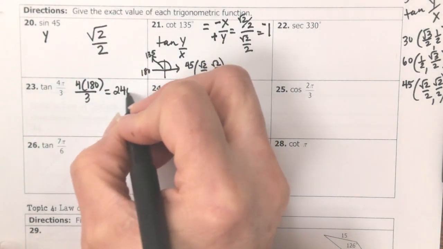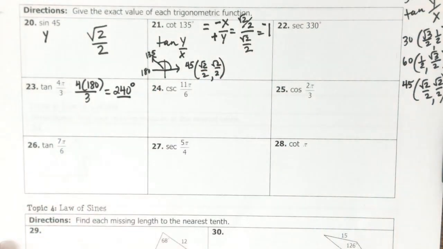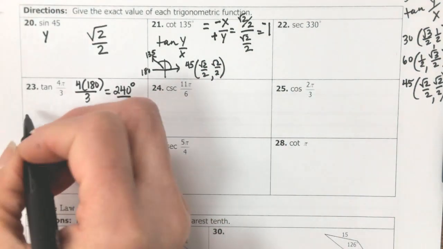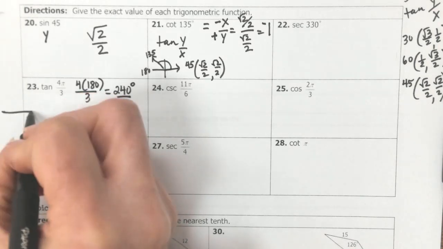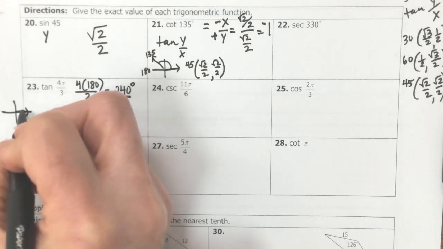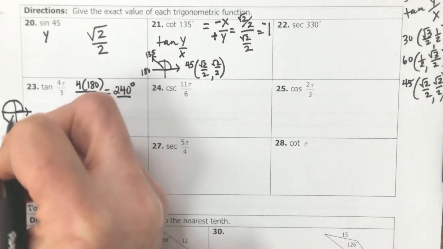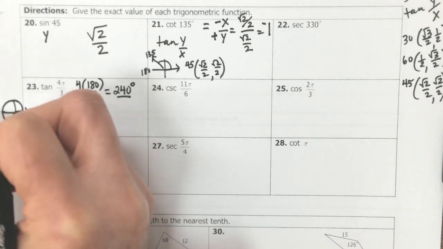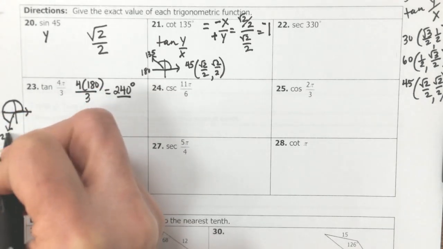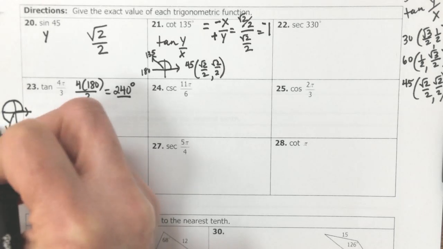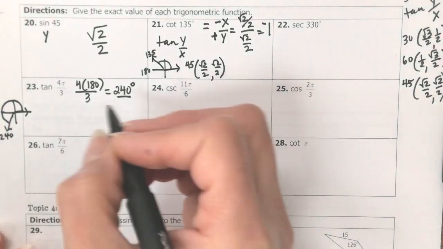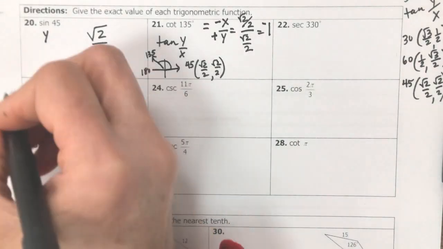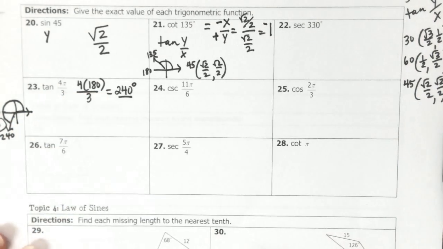So we're really finding a 240. Now, how far is 240 away from, 240 would be in here somewhere. How far is that away from 180? 60. So this angle really does what the 60s do. 60 is its reference angle.